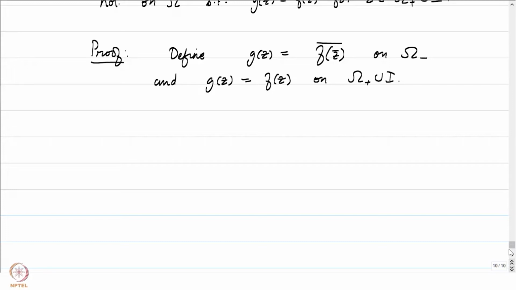If we are able to do that, then we have a holomorphic extension of f to omega. Let's get to proving that.